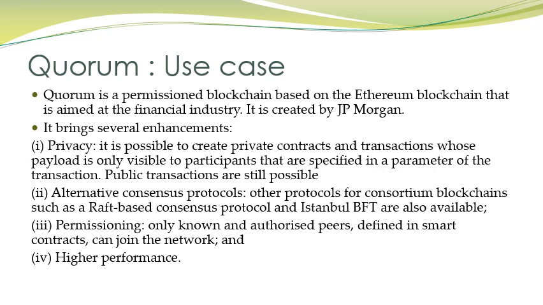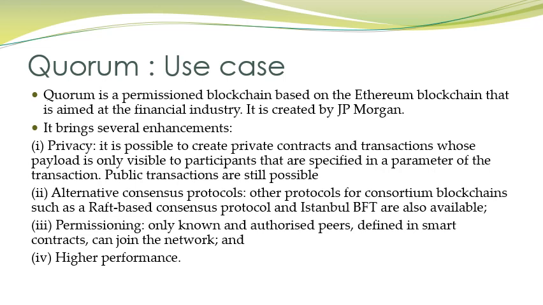There are different alternate consensus protocols used for Quorum. In Quorum, other protocols for consortium blockchains such as the RAFT based consensus protocol and Istanbul BFT are also available. Then the third enhancement is permissioning.